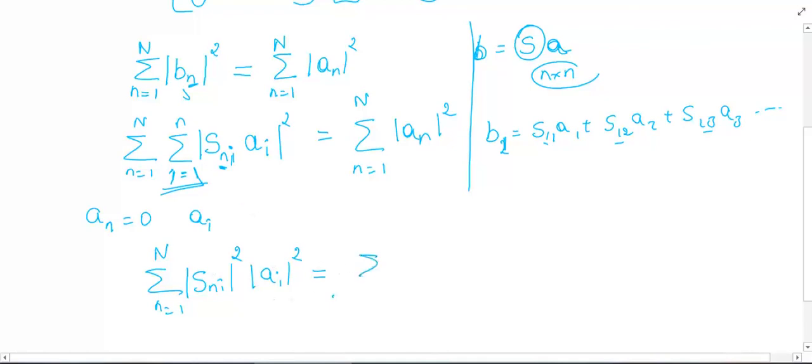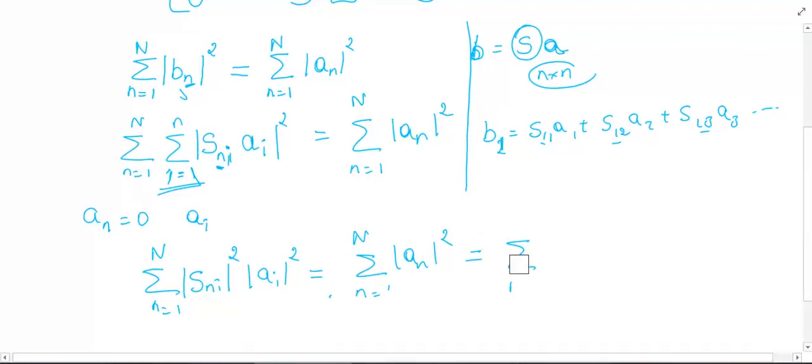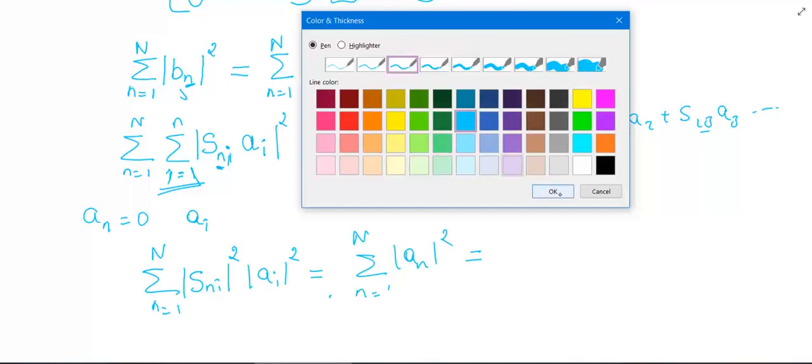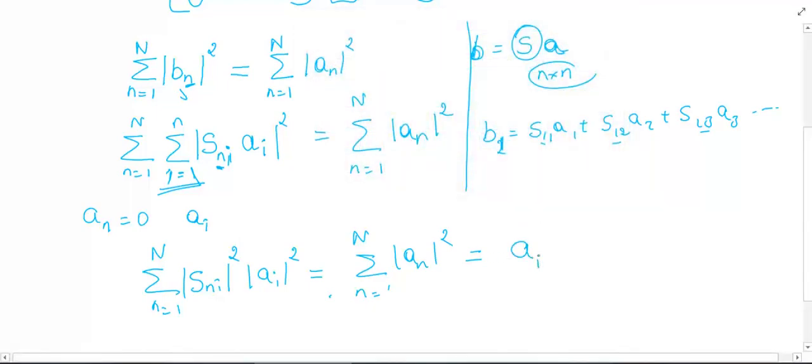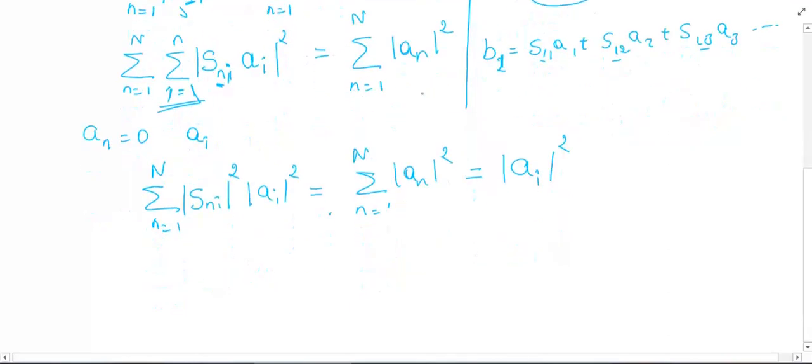Now this is equal to summation n is equal to 1 to n magnitude of an square. Even this can be written without considering the summation, simply as AI magnitude square. Why is it AI magnitude square?